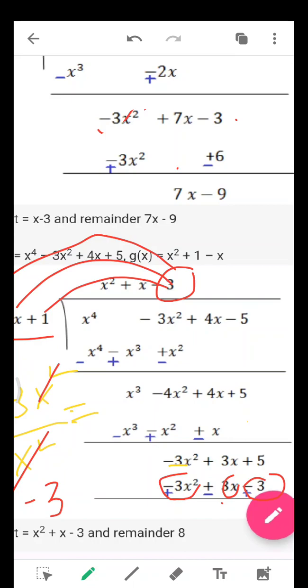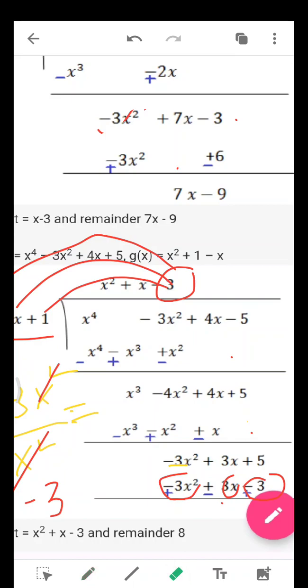Okay, so we are following the same steps in every problem. We are following the same rules in every step, I can say.